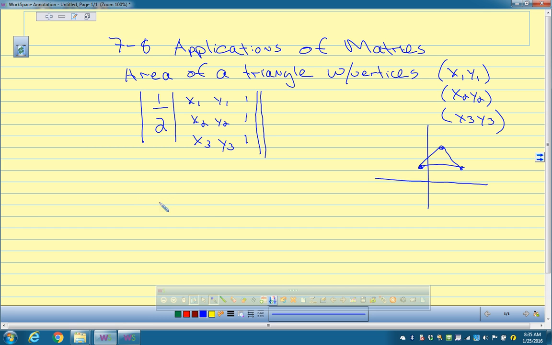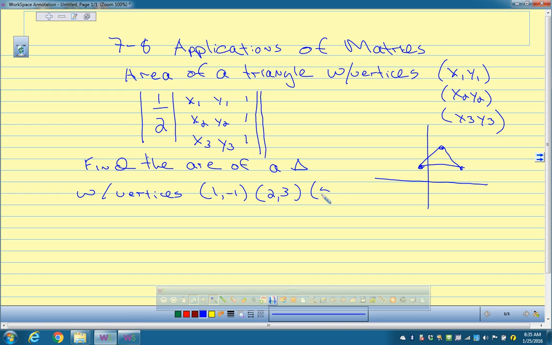So, for example, find the area of a triangle with vertices 1, -1, 2, 3, and 5, -3.